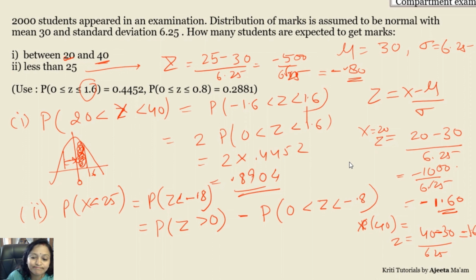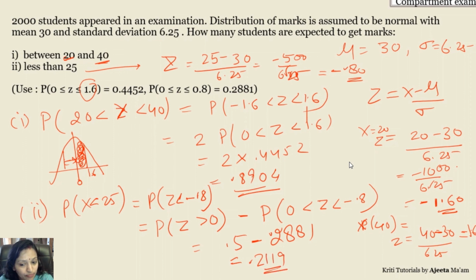Correct? So 0.5 minus 0.2881. रिमेंबर पूरा एरिया 1 होता है, इसलिए 0 के लिए we have 0.5. Remember that. So we get answer 0.2119. So this is what we have.